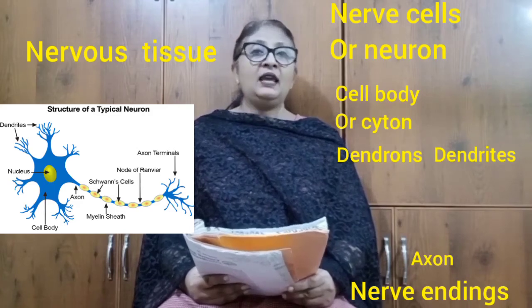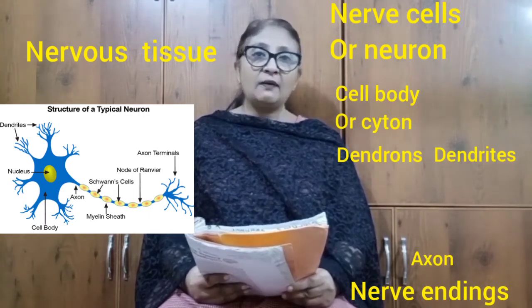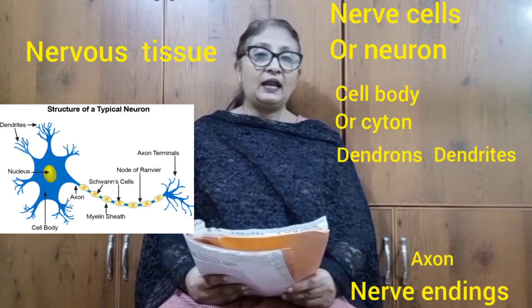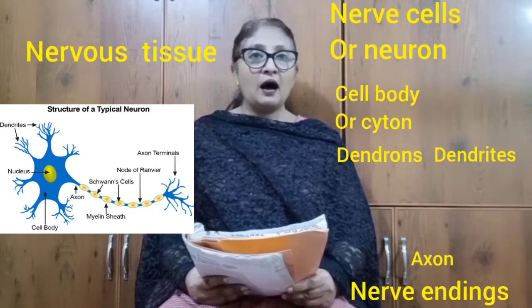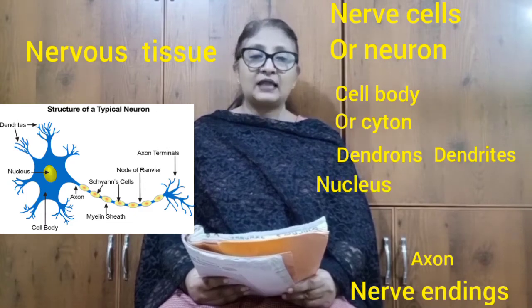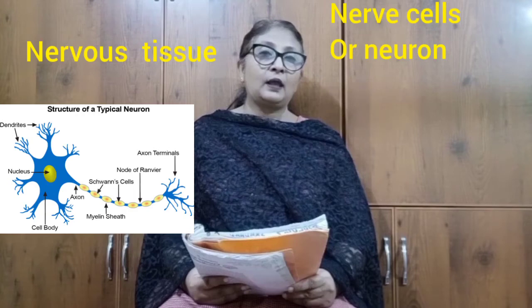The cell body is produced into a long tubular structure known as axon, which terminates in the nerve endings. Present in the cyton or cell body are nucleus, cytoplasm and Nissl granules.